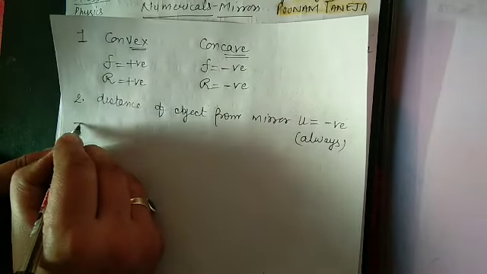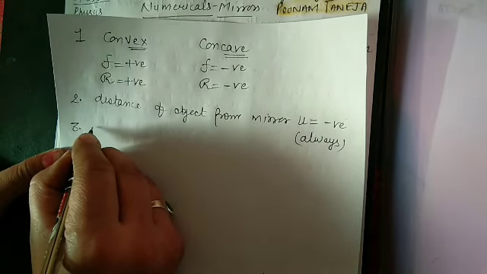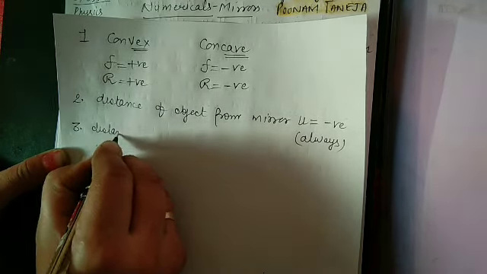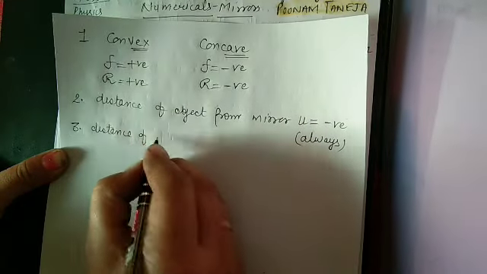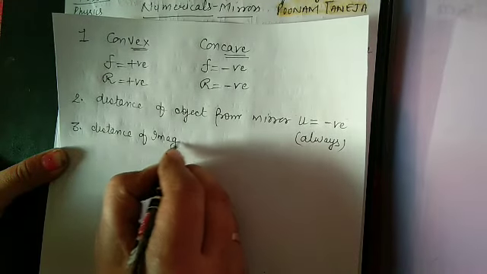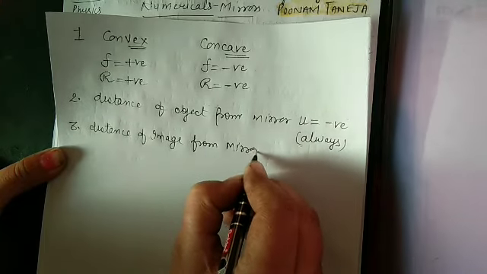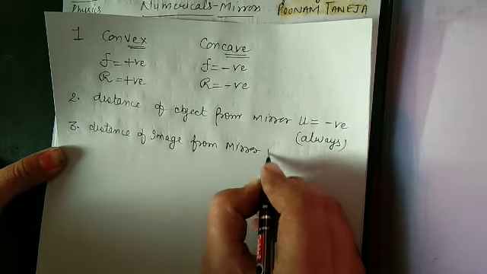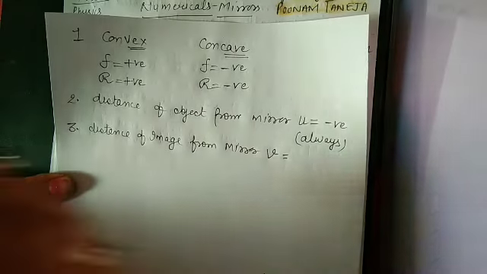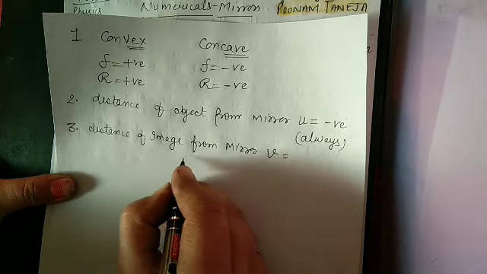Okay. Next, distance of image from mirror, that is represented by symbol V. It may be positive, it may be negative.